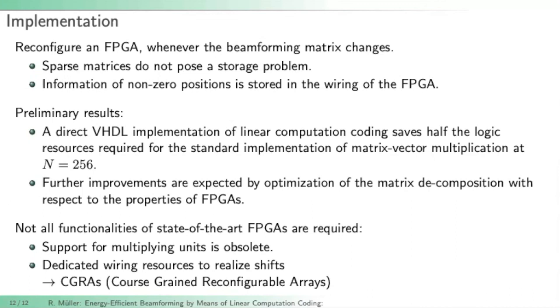Furthermore, we even do not need all the full functionality of FPGAs. For instance, multiplication units are totally obsolete, and some other functionalities of FPGAs are not required either. So we could actually go a step lower to so-called coarse-grained reconfigurable arrays.